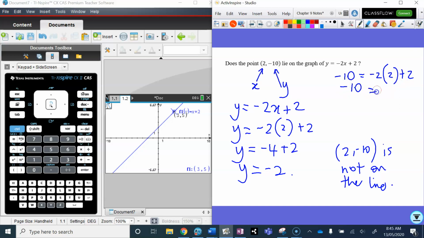Negative 10 is equal to negative 4 plus 2. No, it is not. So this statement is false. Therefore, I know that the point is not on the line. So I'm happy that the point is absolutely not on the line.